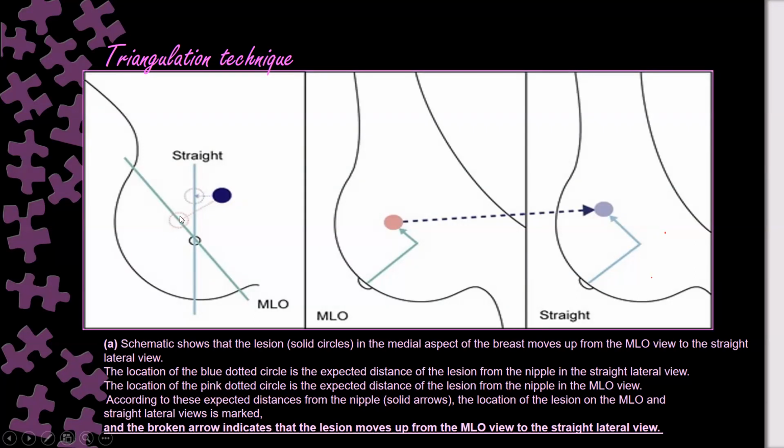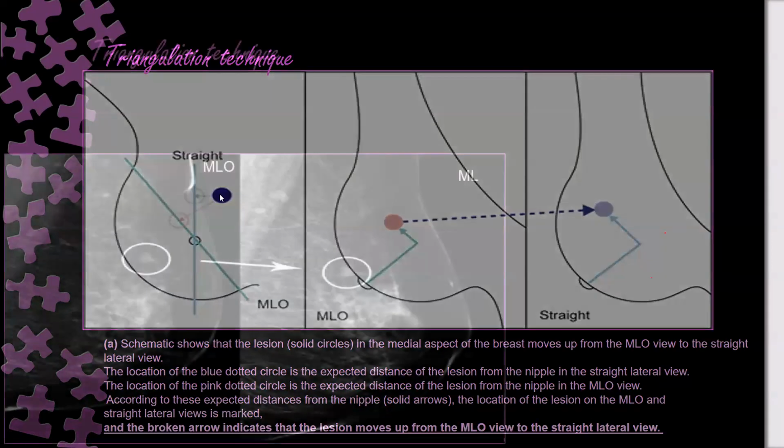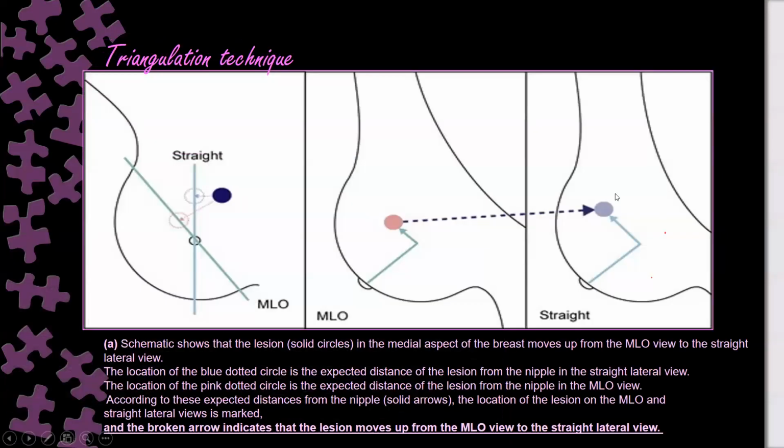The same lesion, when you image it on the straight, its image will come here. Is it clear? That is why, if you measure this distance for MLO, that is the one. If you measure this distance for straight, it will be the other one. That is why the lesion located medially will raise up.